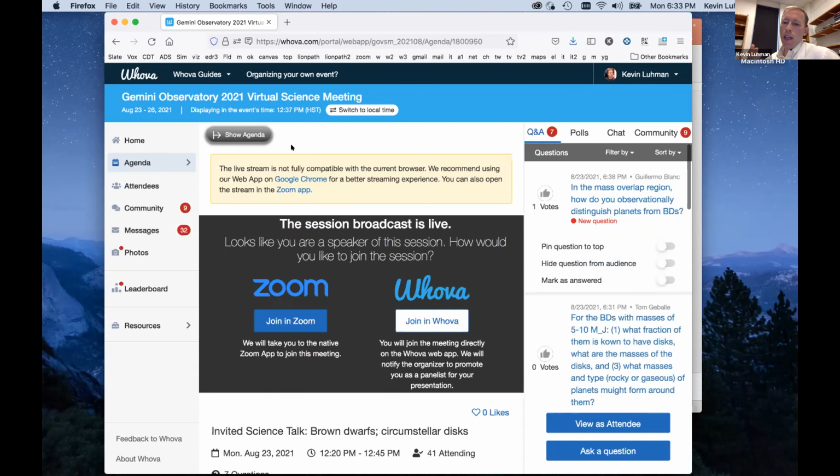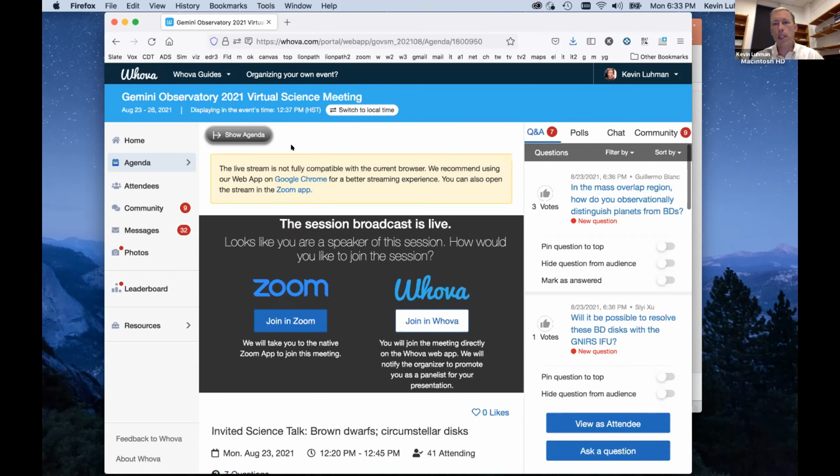Millimeter observations indicate that the ratio of the disk mass to the brown dwarf mass seems to be roughly the same as for stars. It's maybe 1% or 0.5% or something like that. So that means that if you have a 10 Jupiter mass brown dwarf, its disk probably has a mass of 1/10 of Jupiter mass or something like that.